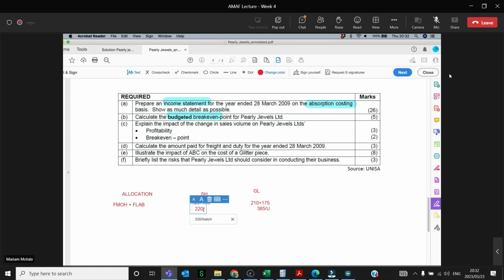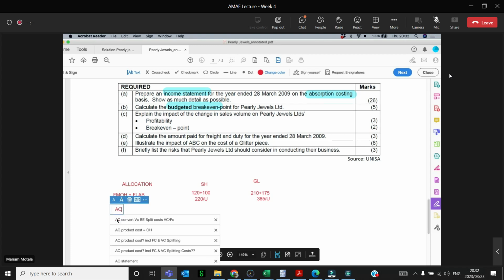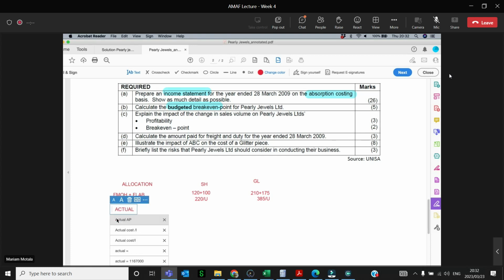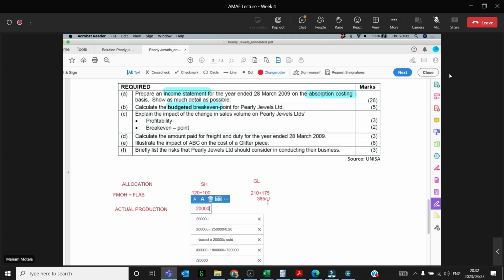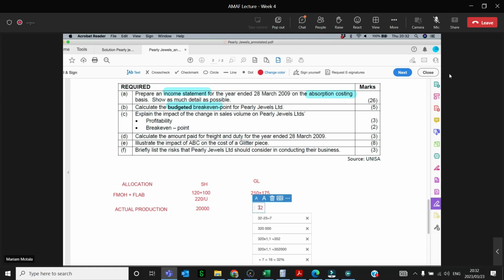Now, how many units did we produce? What is our actual production? Our actual production of Shiny is 20,000 units, and of glitter, it's 3,200 units. Now I want you to multiply this. If you take 220 times 20,000 units, what will you get? 4.4 million.